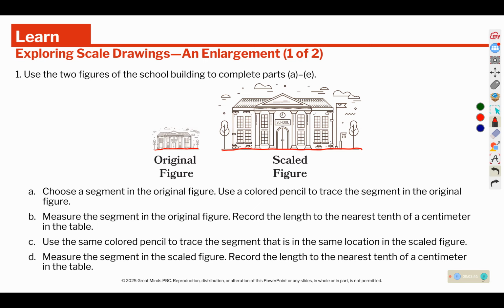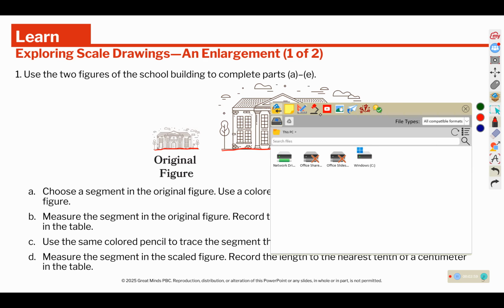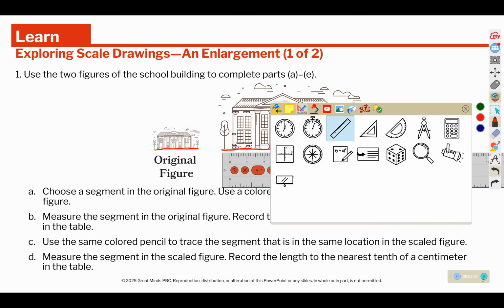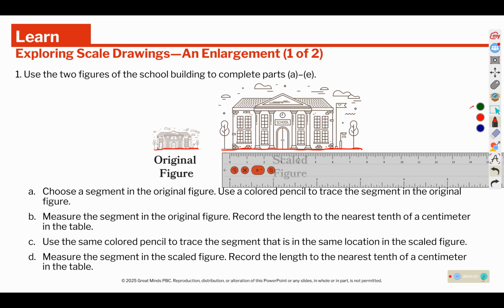And then we're using the same color for that scaled one and measuring that as well. You will need a ruler for this piece of the lesson. Keep in mind that since I'm using a digital ruler, your numbers are going to come out different than mine.